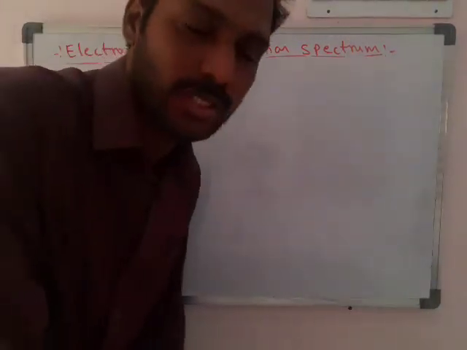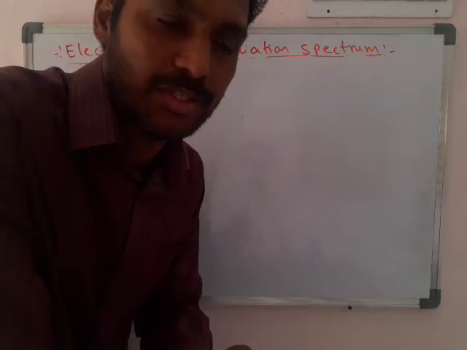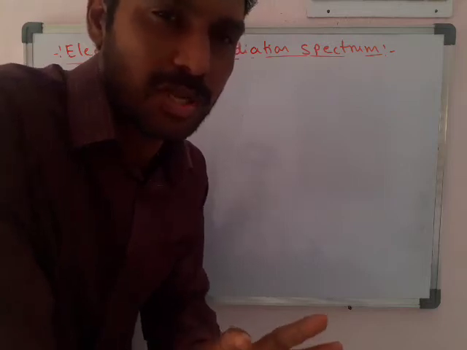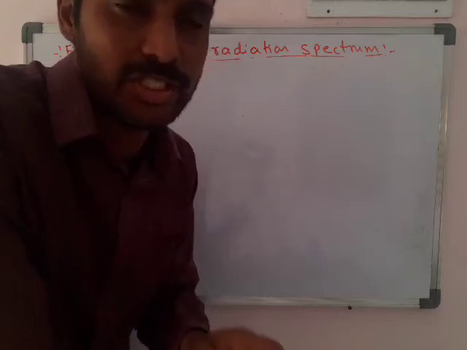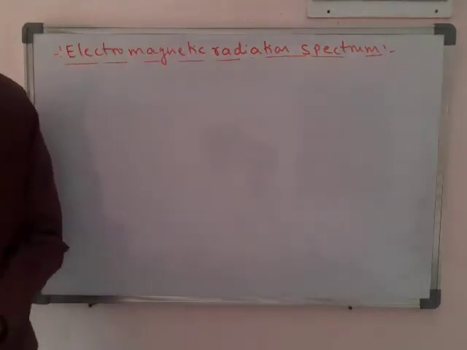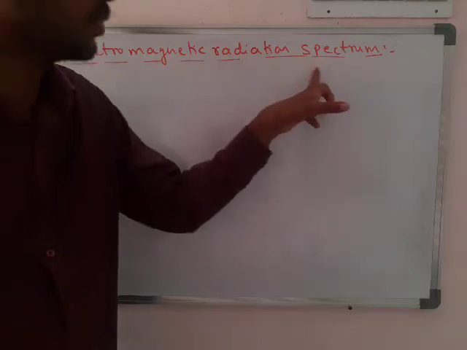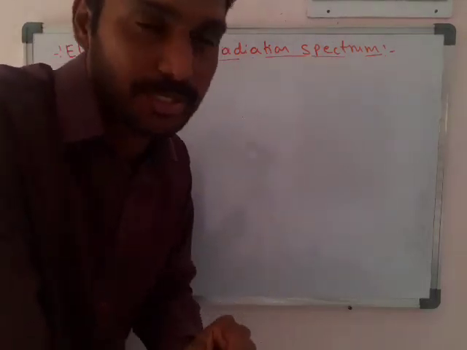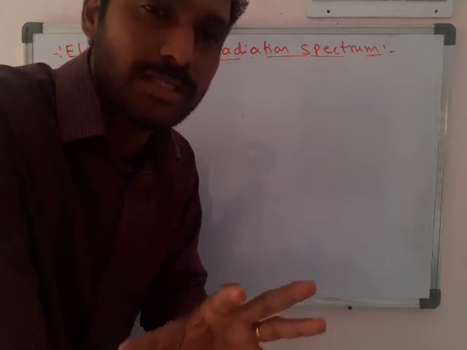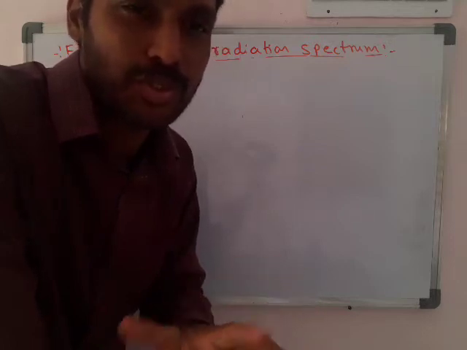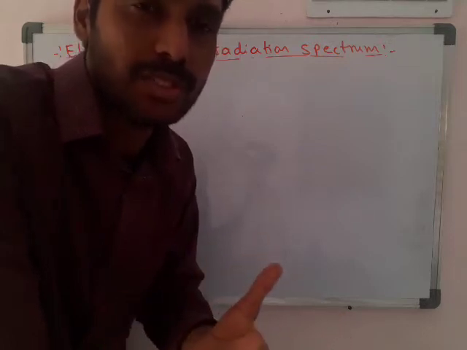So next, here we see one more small definition. It also has some calculations. That is the electromagnetic radiation spectrum. The word spectrum is mainly a simple picture, a picture indicating something important.